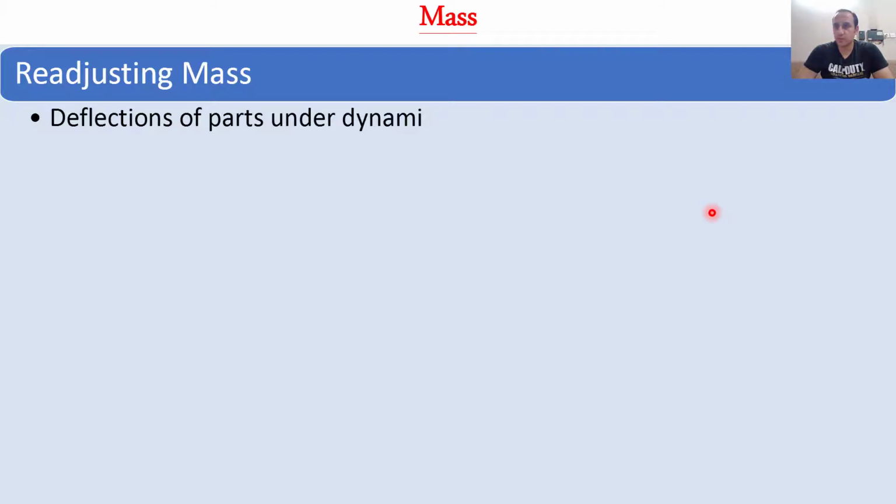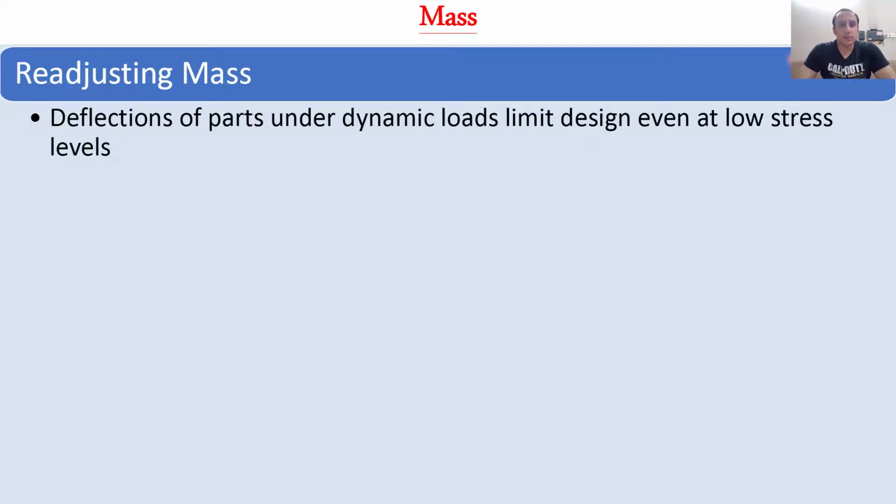Okay, so next one is readjusting mass. This is something which I already explained to you, but we will discuss it once again. If the deflection of parts under dynamic load limits design even at low stress levels, it means that although the stresses produced due to the dynamic forces are way lower than the yield strength, it doesn't mean that our design is qualified.